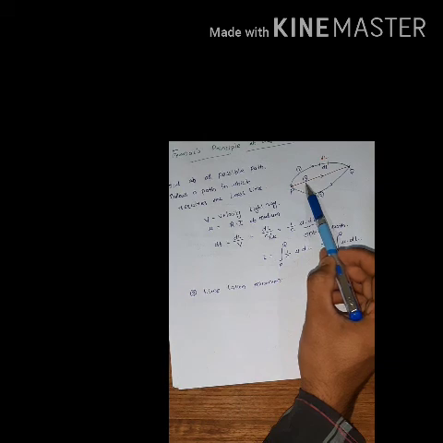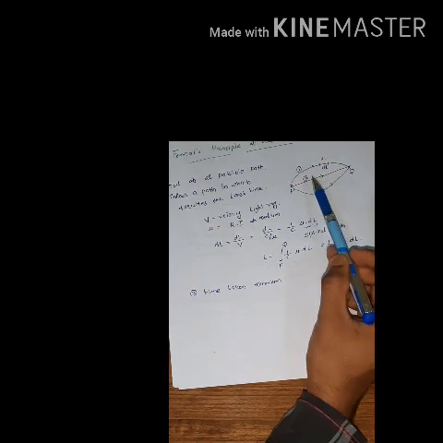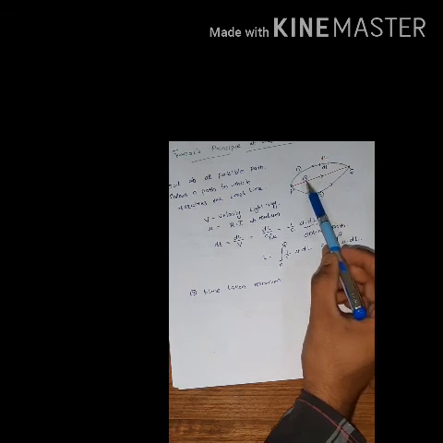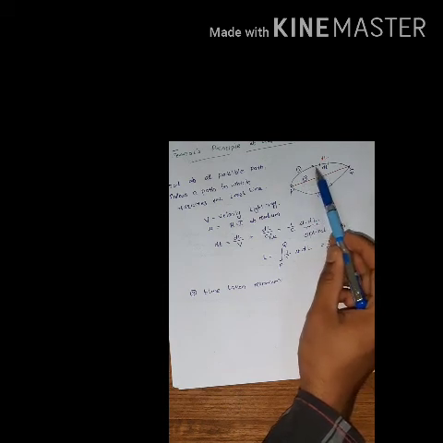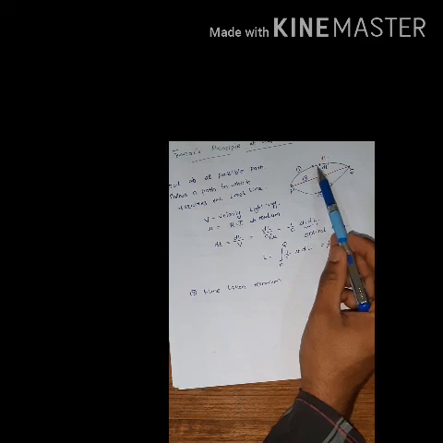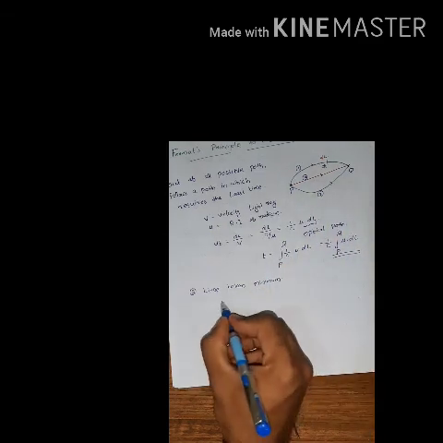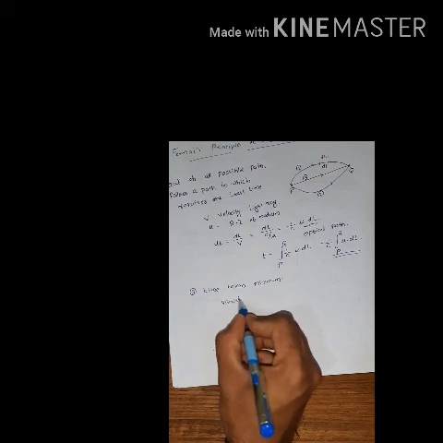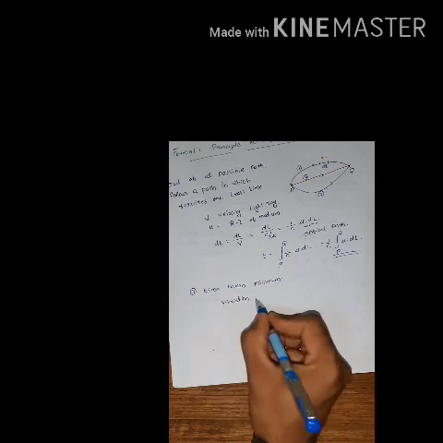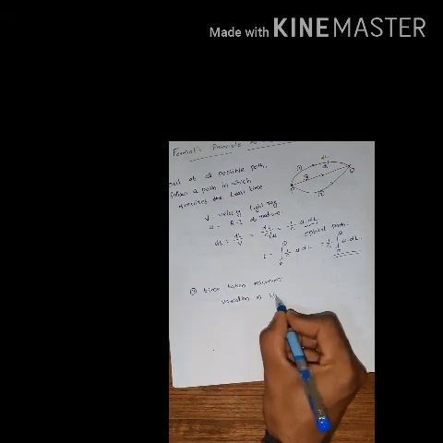So if we compare the time taken to travel from P to Q corresponding to the third path and all other paths, there will be a variation in time taken.